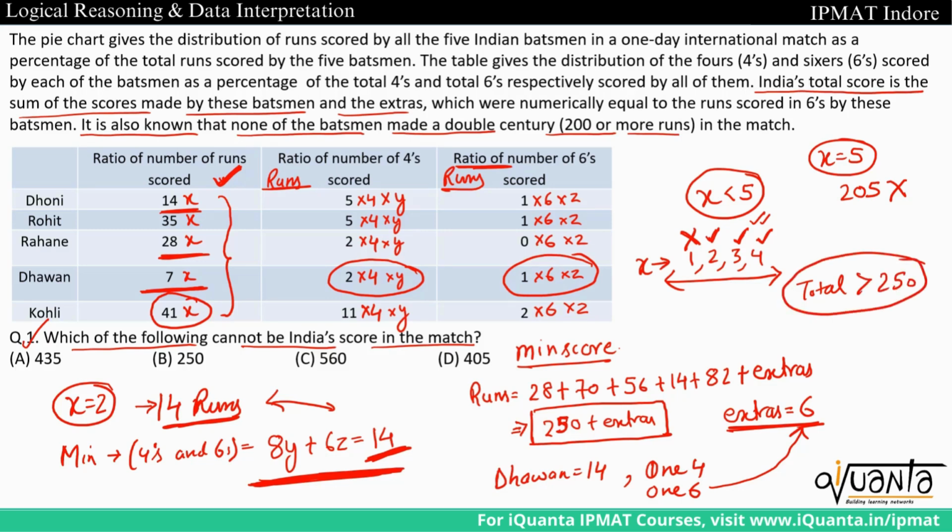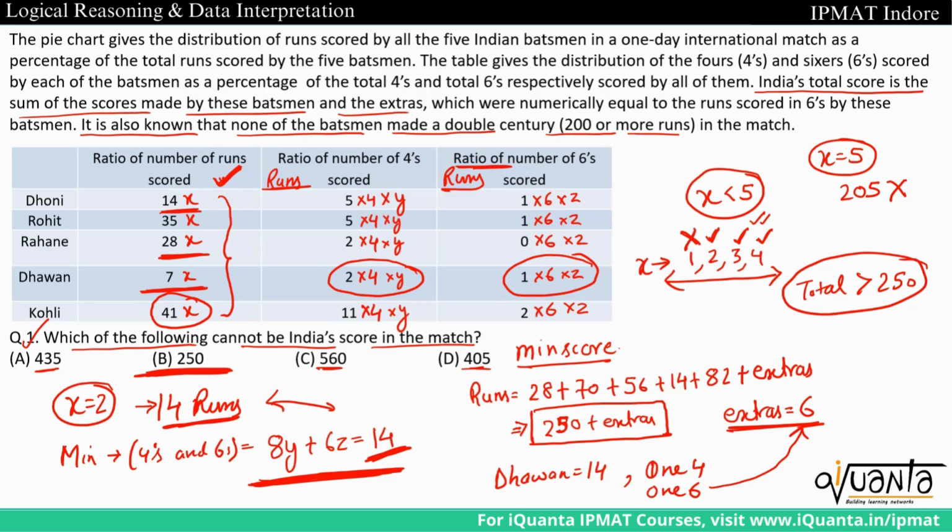And if we look at the options over here, we have 435, 250, 560 and 405. So if the total score has to be greater than 250, then we can say that option B, 250, cannot be the score of India in the match, because even the minimum score is greater than 250. So 250 cannot be scored by India in the match.